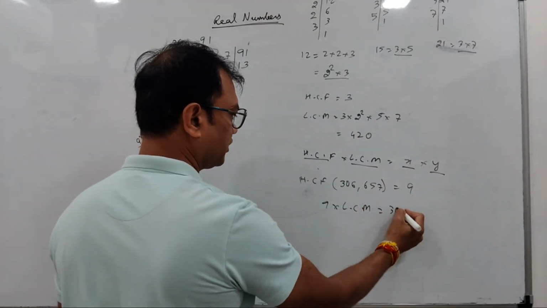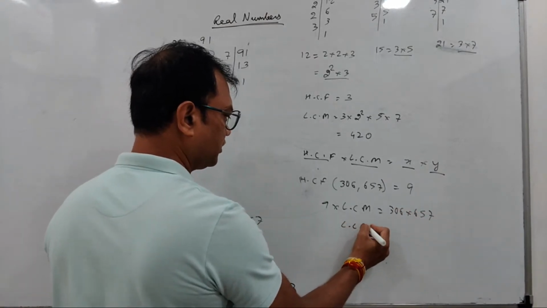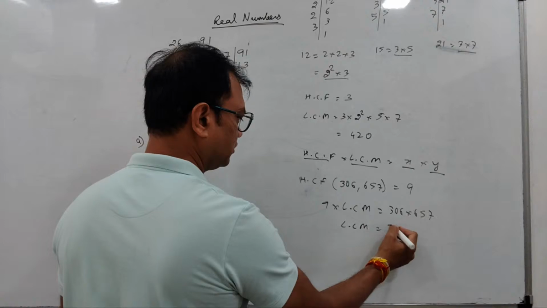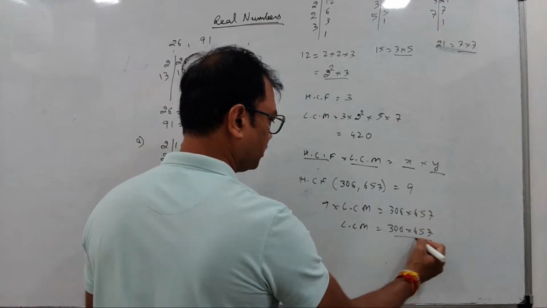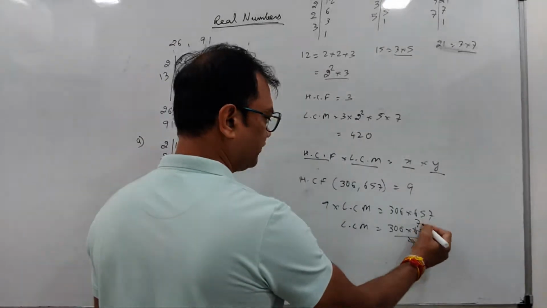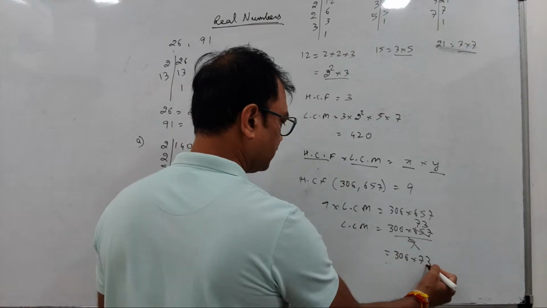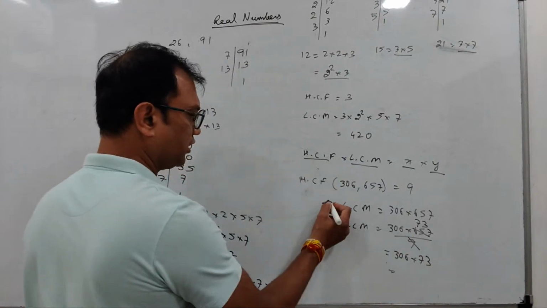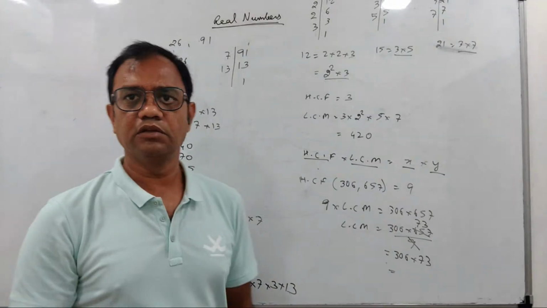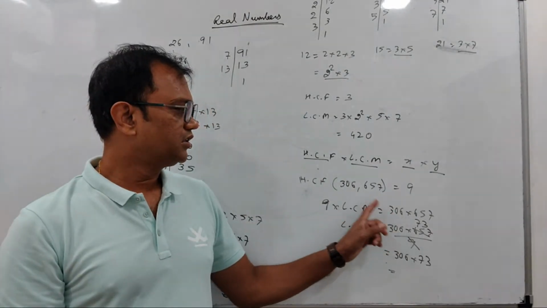The 2 numbers are 306 and 657. So LCM is equal to 306 into 657 upon 9. So we'll cut this. 9 times 7 is 63, 9 times 3 is 27, so it is 306 into 73. Whatever answer you get in multiplication, that is the LCM. So we need not find out the LCM separately.